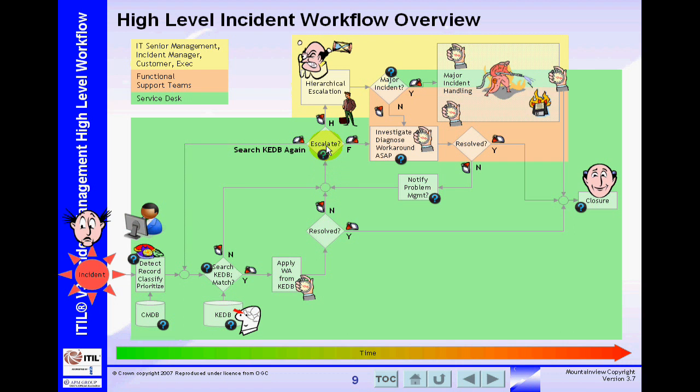The escalation can either be hierarchical or functional. Functional means it goes to a subject matter expert. Hierarchical means that it goes to an executive, the incident manager, somebody in management who will be inquiring as to why, for example, it's taking so long to restore this incident.